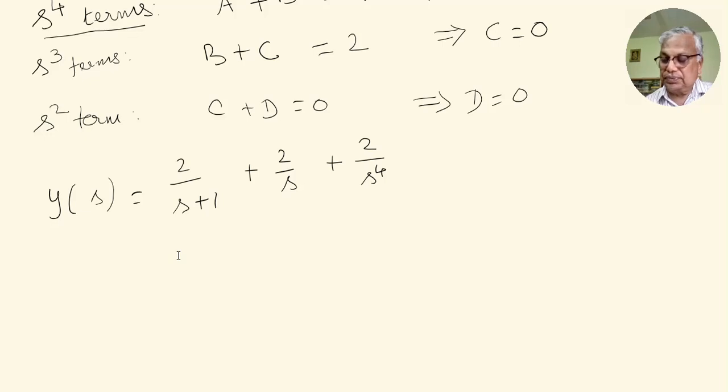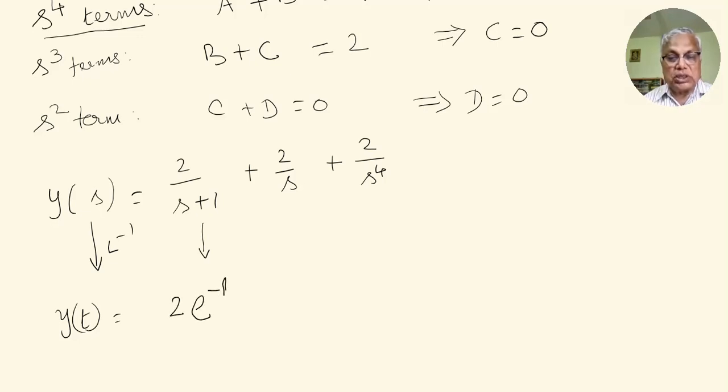Take inverse of all terms, y of t. What is the inverse of 2 by s plus 1? 1 by s plus a is e power minus a t, so 1 by s plus 1 is e power minus t, giving 2 e power minus t. The inverse of 1 by s is 1, so 2 by s is 2.